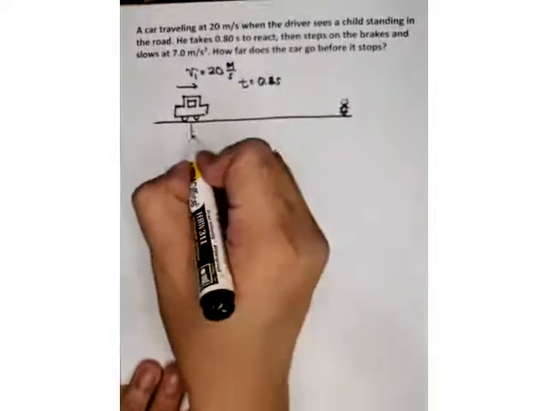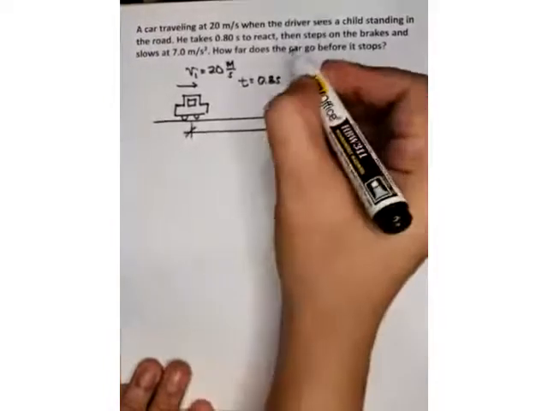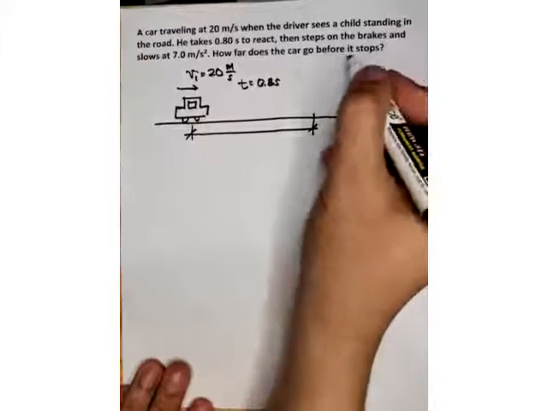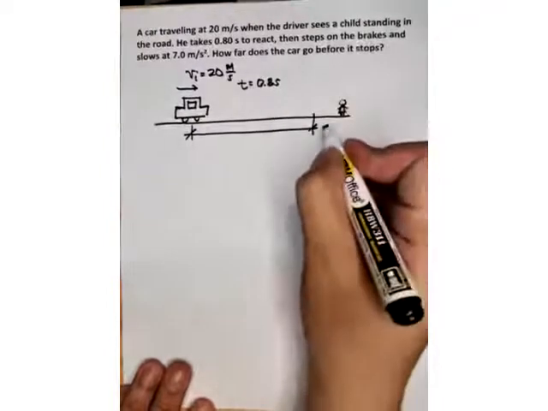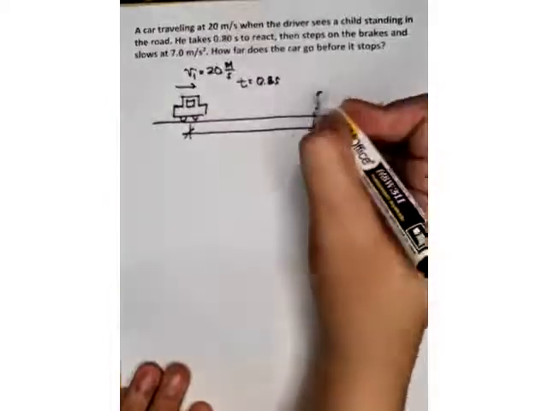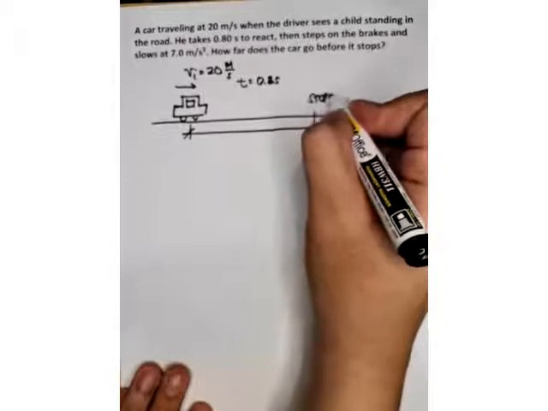And, okay, tapos, huminto siya. Tama ba? So, we can conclude that huminto siya, ang final velocity is 0. It stops.